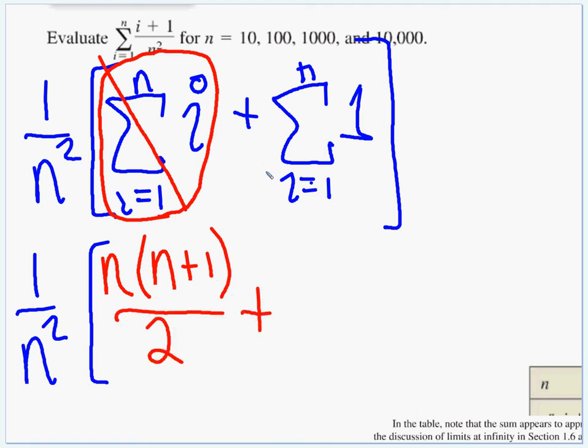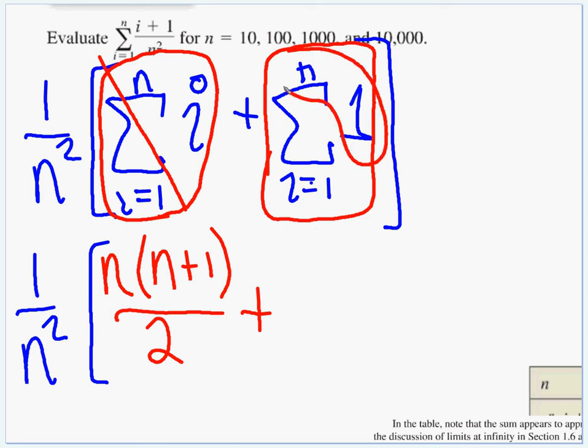Plus, we have another summation, the summation from 1 to n of just 1. Now remember, this is where we multiply the number up top, our upper bound, and this constant. When I multiply those, I get 1 times n, or n. And I'm going to close off my brackets.